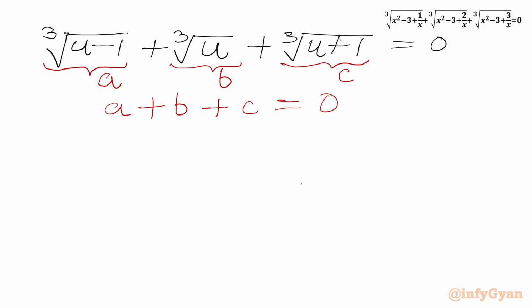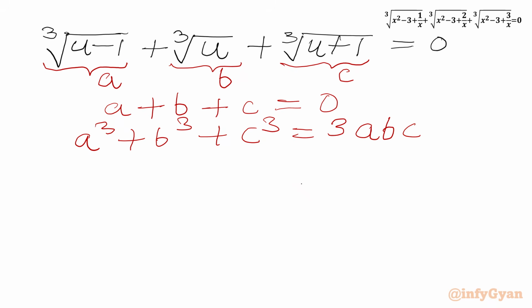And we know one algebraic identity which says if A plus B plus C equal to 0, then A cube plus B cube plus C cube is equal to 3 times ABC. Here A is cube root of u minus 1, B is cube root of u, and C is cube root of u plus 1. Let's apply.